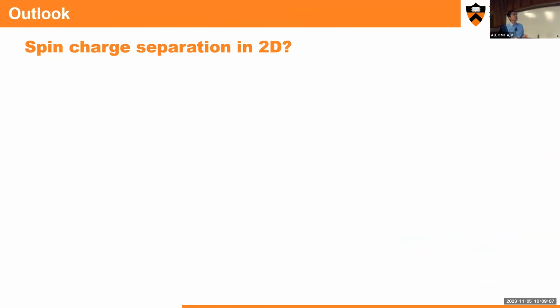So the first thing that I think we should expect is, can we see spin-charge separation in a two-dimensional situation? Is there any measurement method that we can try along this direction? For example, the tunneling measurement, which has been applied in the one-dimensional situation. Or can we do some optical measurement to measure the spectroscopy of such a system?